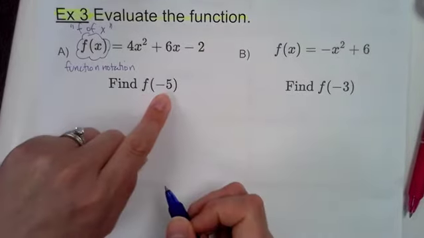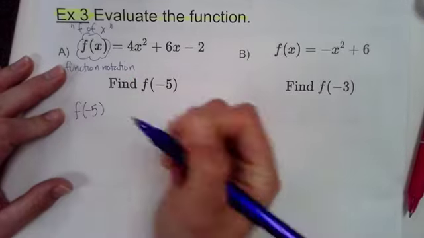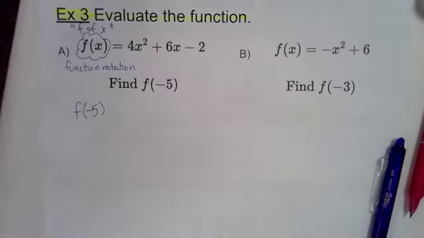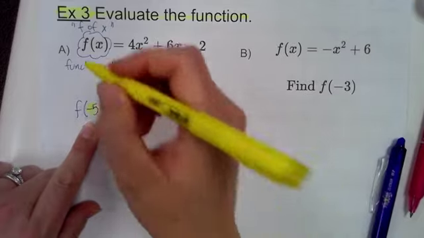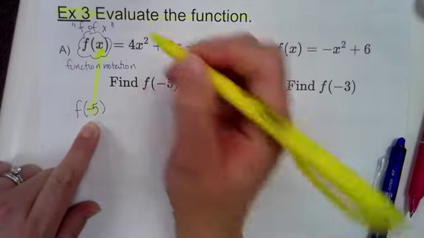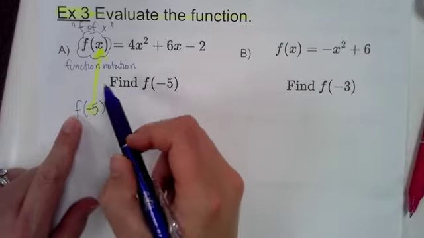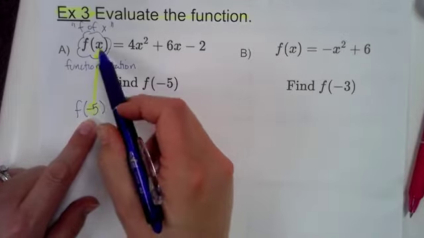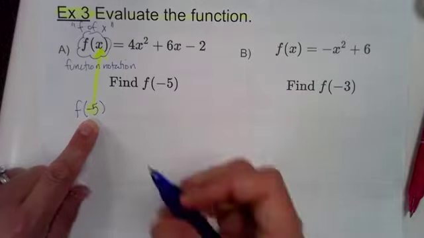We want to find f of negative 5, and so I'm going to write that down, f of negative 5. And what I want you to notice is that they've placed negative 5 in place of where there originally was an x. So it is cluing you in and saying, hey, I want you to go to your f function and I want you to replace the x that you see with what value?